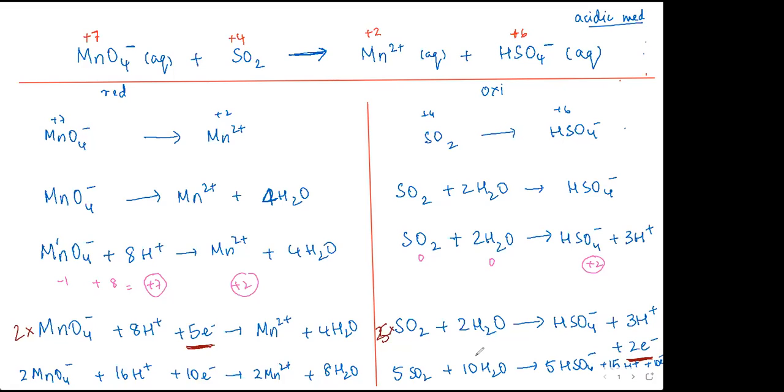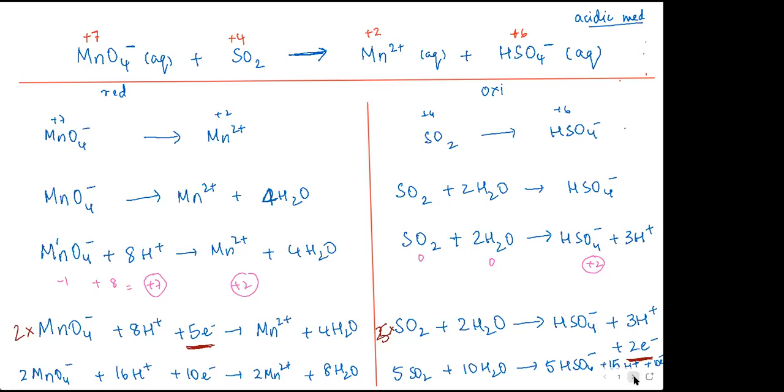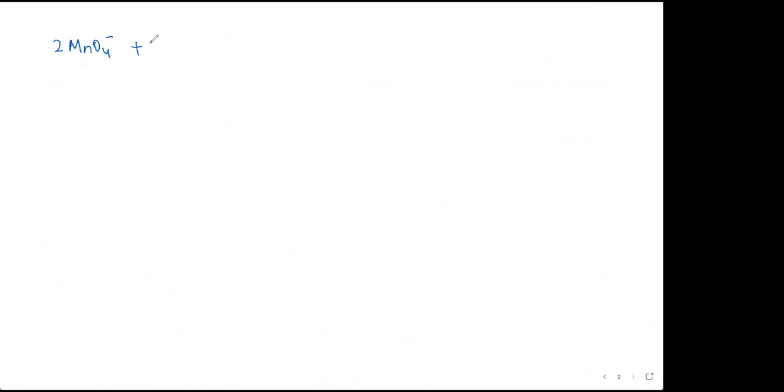Now add both the reduction half and the oxidation half to get your original reaction back. So 2 MnO4 minus plus 16H plus 10 electrons.